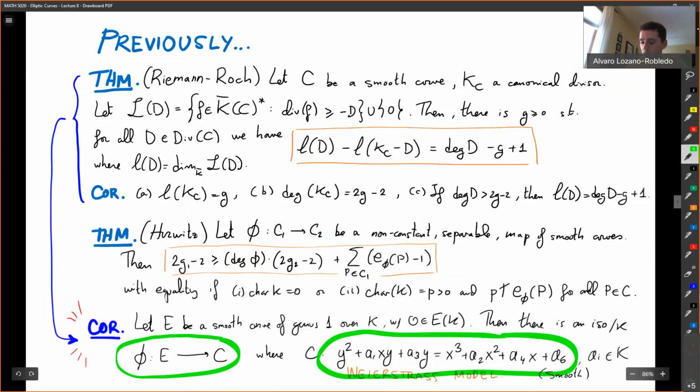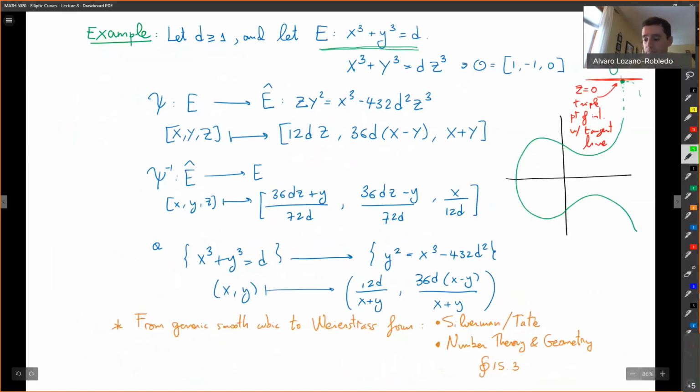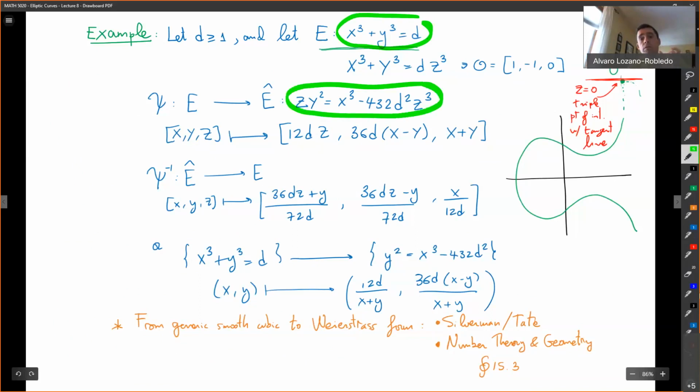So in this equation, the function field is generated by x and y that satisfy that relation. What I'm saying is that there are two other functions, call them u and v if you want, that also generate the function field, but they have some other model that is in Weierstrass form.